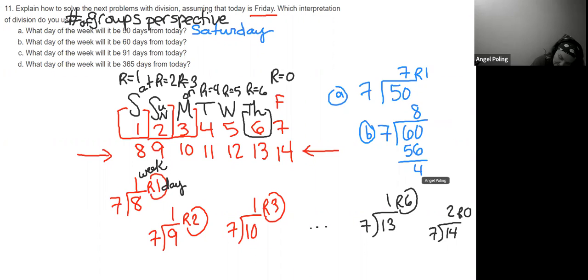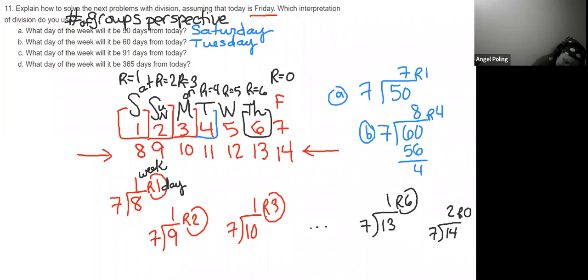So we have a remainder 4. Remainder 4 puts us on a Tuesday. Just double checking. Okay, check, check. All right, doing good so far.